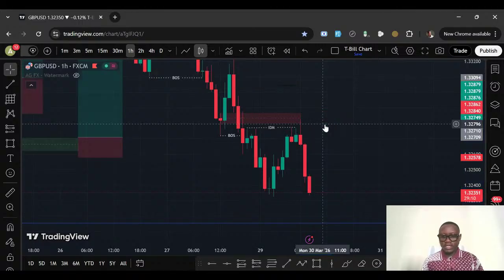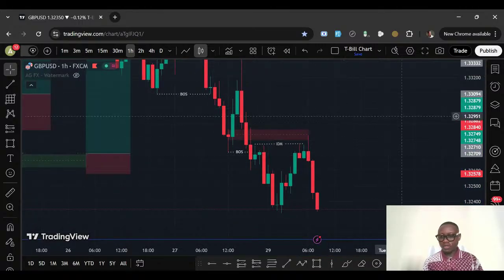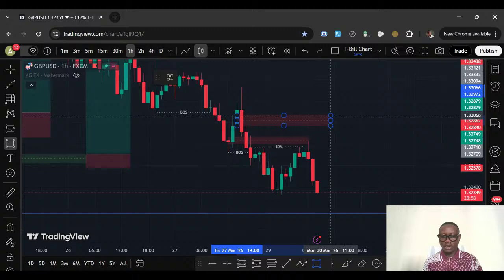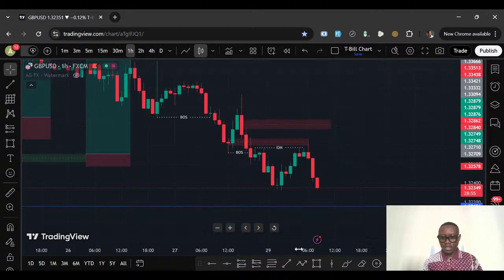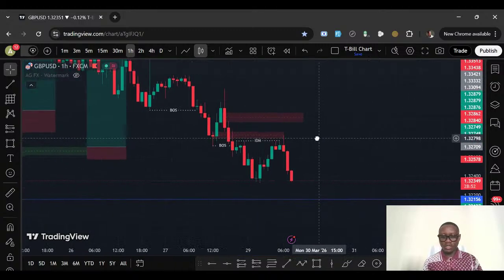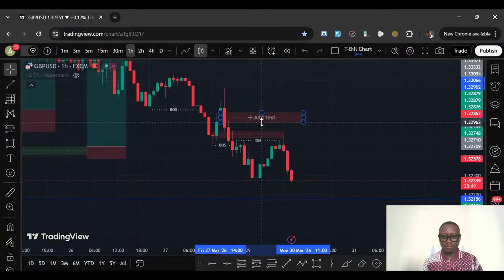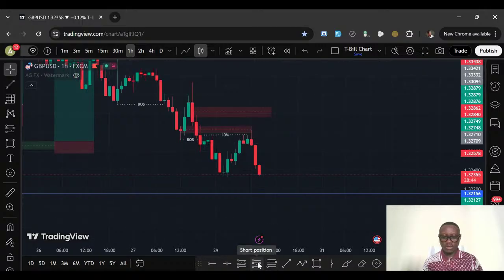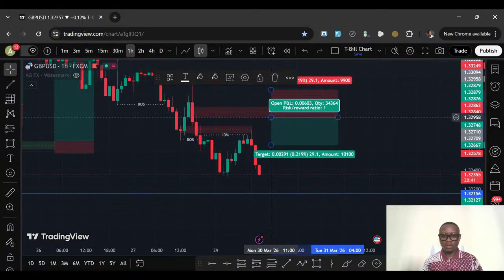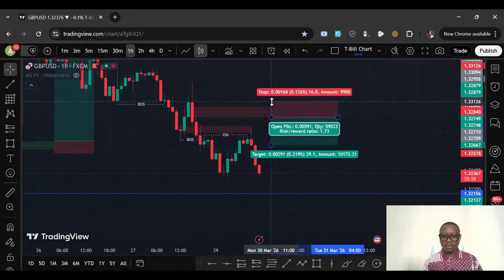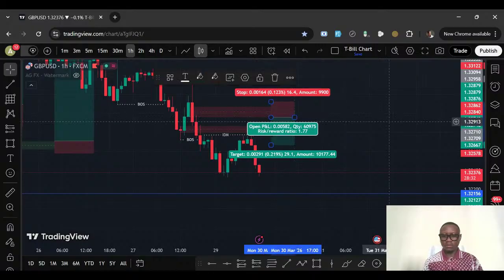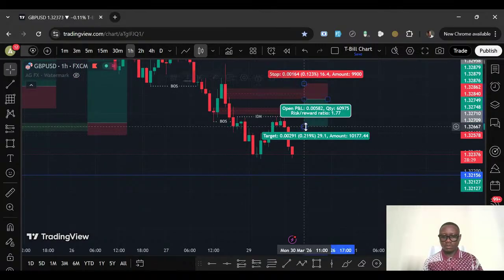But since this is already playing out, let's wait for price at this other block zone right here. This is another zone where we can likely take our sell entry, only if price returns back to this zone. So this is our short right here, and this is our TP.